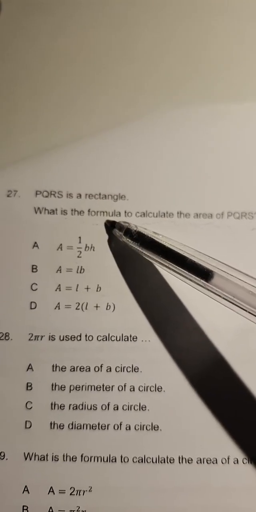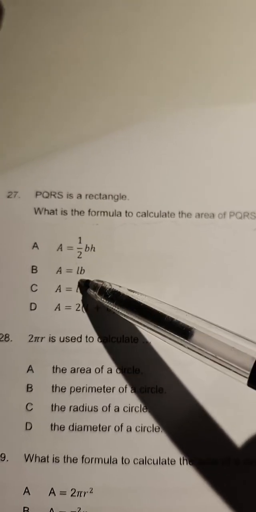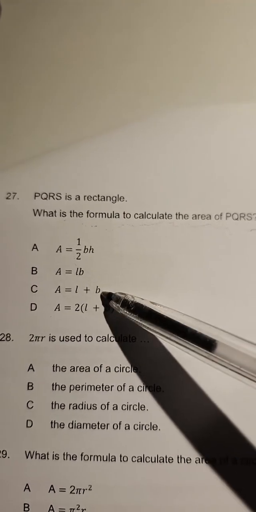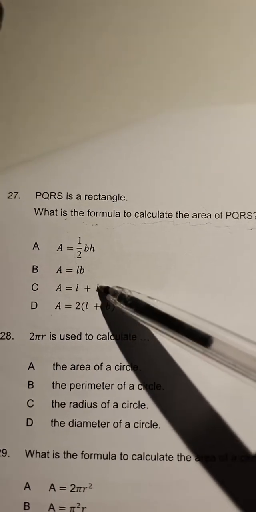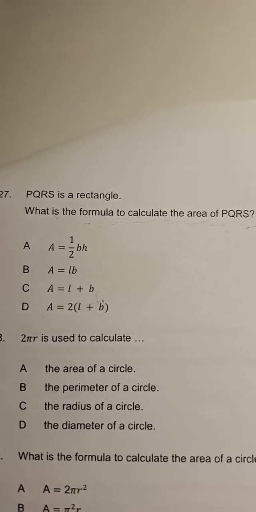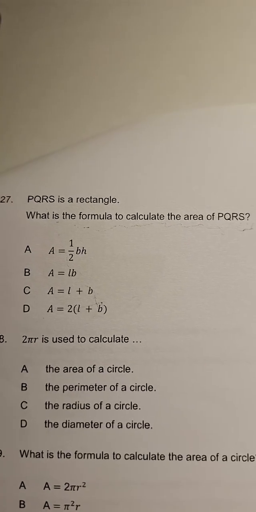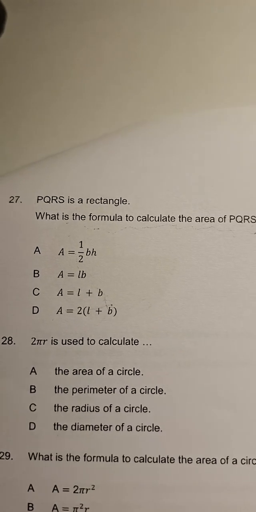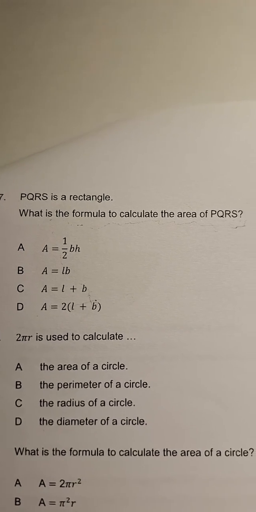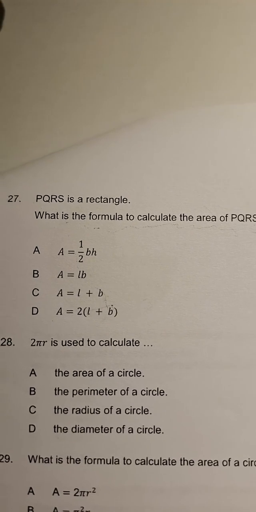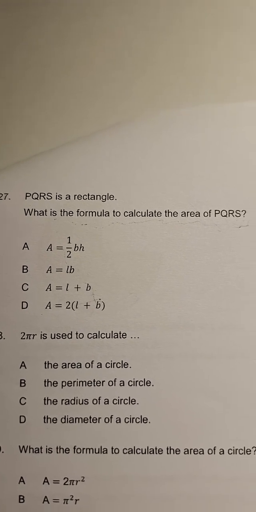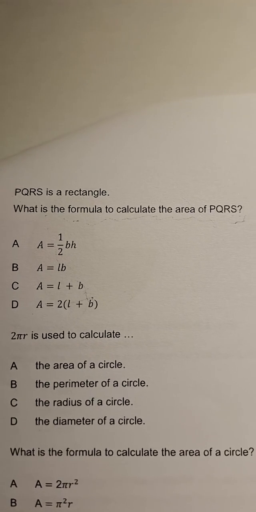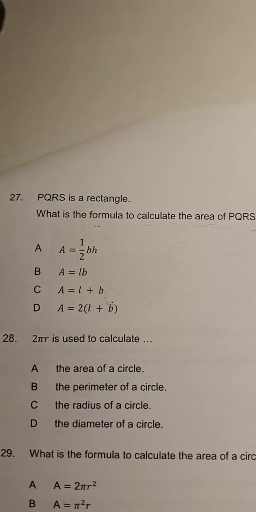So which one is it? Hopefully we look at this and we are like, well, it's a rectangle, right? A rectangle has a horizontal dimension. The longest side is called the length, and the shortest side, the vertical dimension, is called the breadth.